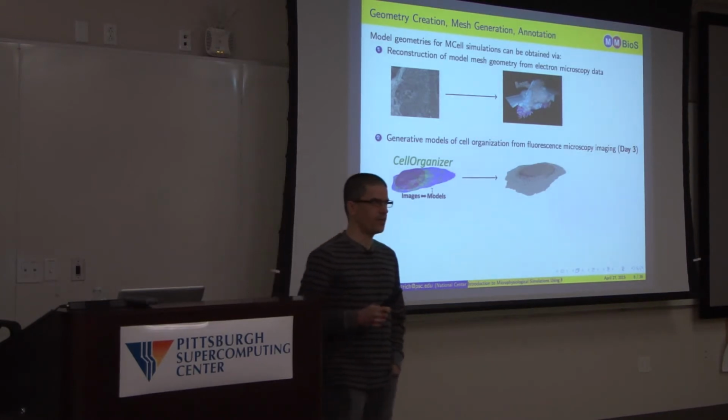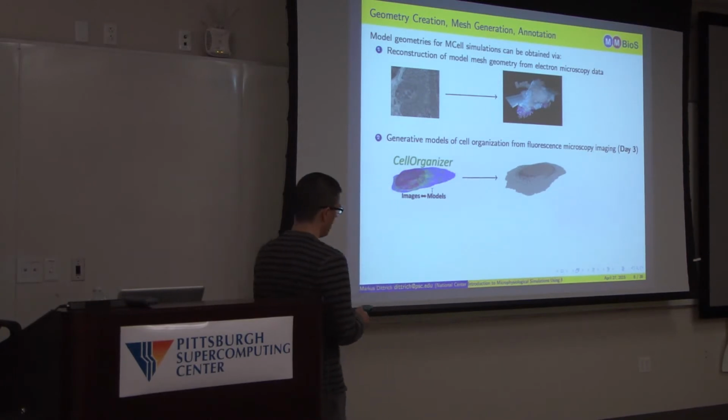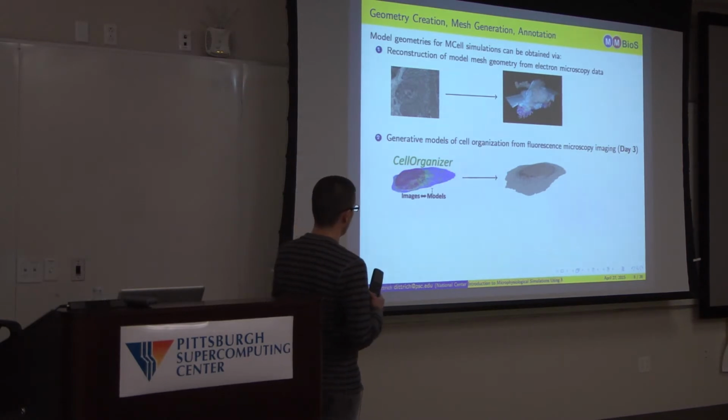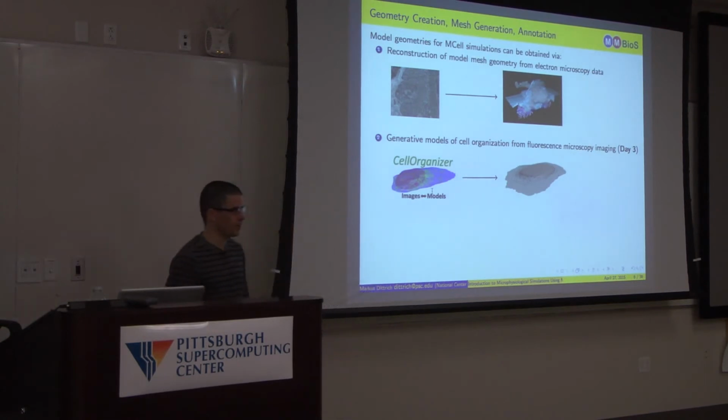We'll learn about this during the workshop. This is a neat way to develop cell simulations if you have fluorescence image data of your system. I think it's quite powerful.